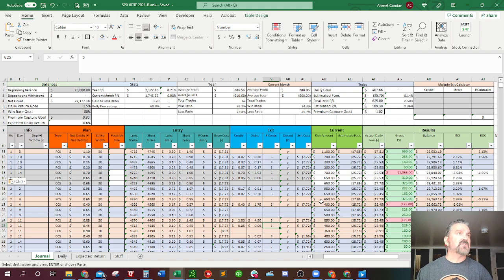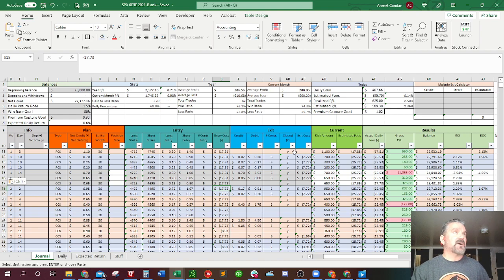The only thing I changed on these is the number of contracts and the entry and exit cost, because obviously I paid a lot more in commissions and fees because I entered with a larger position size. But everything else is 100% accurate as to what I did in the month of February. I think I said January earlier, but I meant February. So this is the entire month of February.